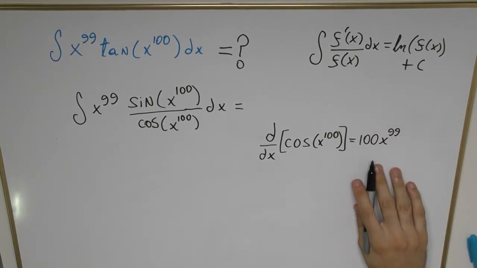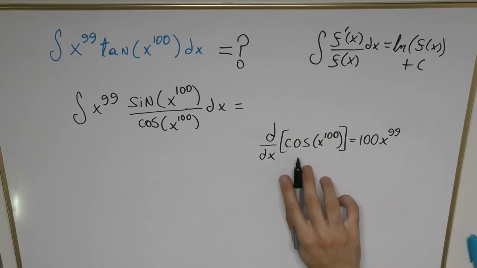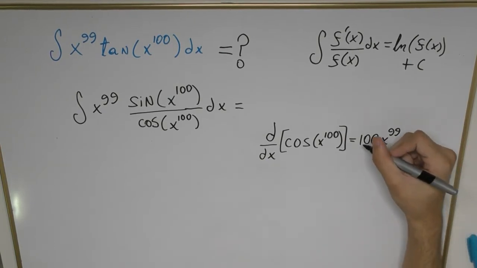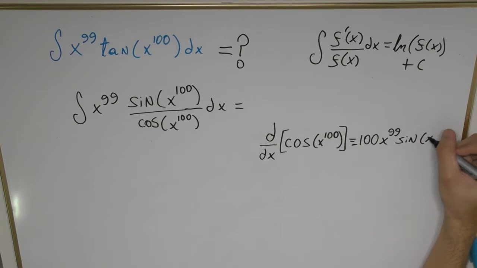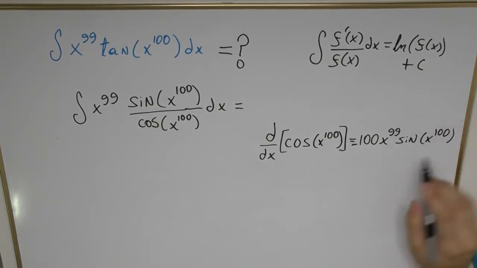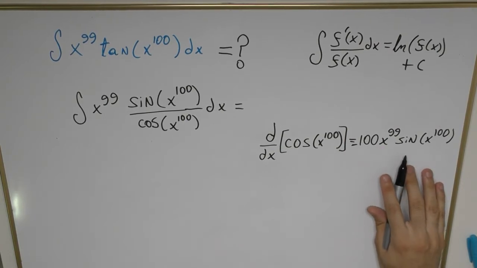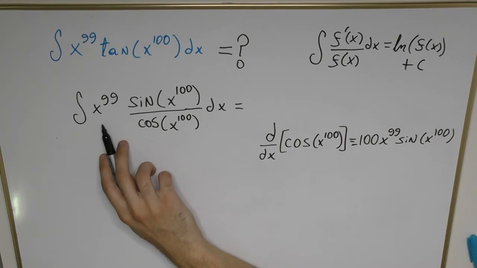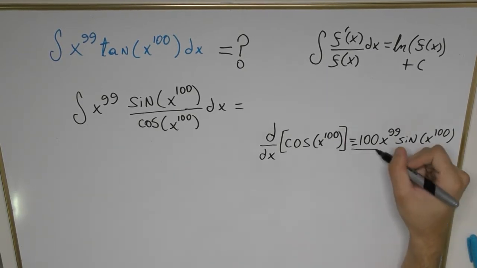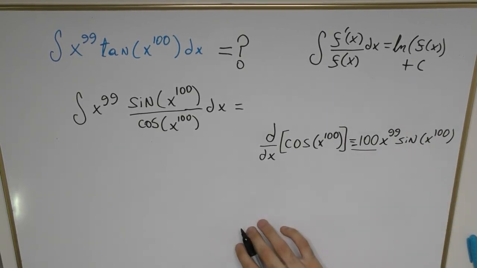And the next thing is we want to differentiate the outside function with respect to the argument. So that's just going to turn into a minus sine function. So we're going to place a minus here at the front, and that's going to become sine of x to the power of 100. Now, when you look at this function, this looks quite peculiar because we see that it is almost exactly the same thing we have in the numerator here. The only difference is this factor of minus 100.